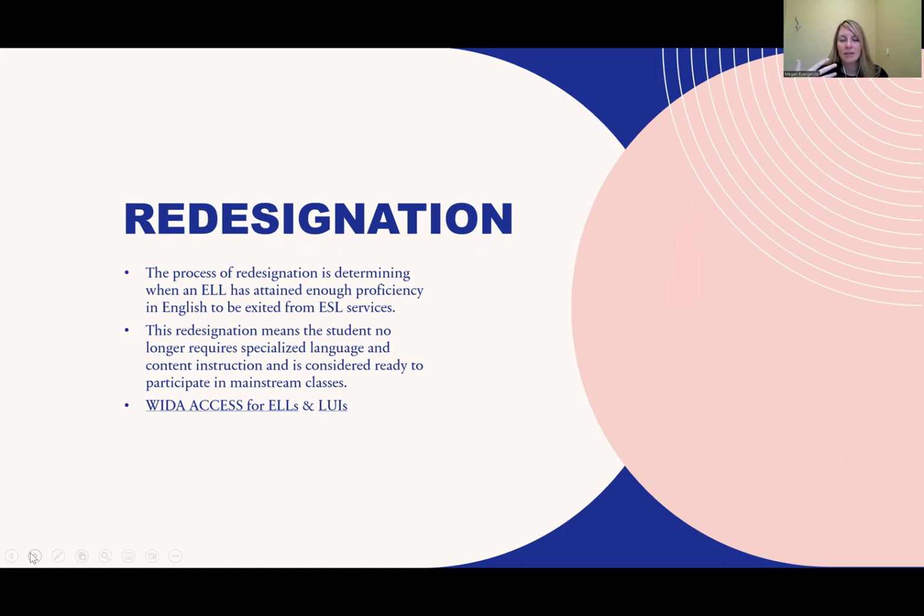So you'll hear all of those terms in the field. And the process of redesignation is determined when an ELL has gained enough proficiency in English to be exited. And this means that the student no longer receives specialized language and content instruction or support, and that means that they're ready to be in the mainstream classroom.